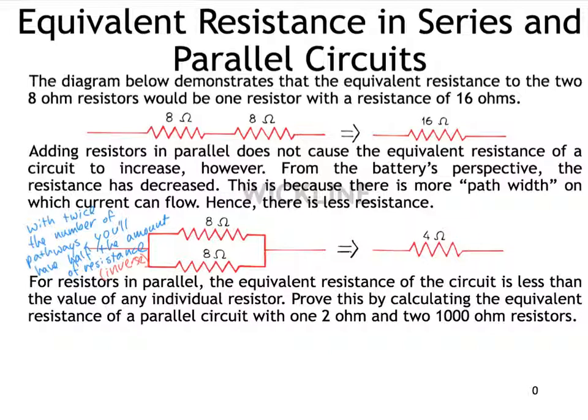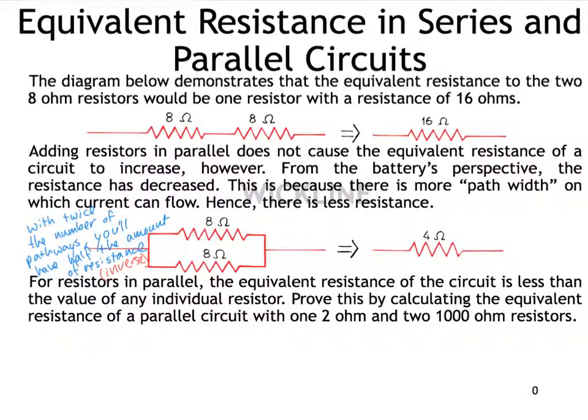So that is, of course, a description of an inverse relationship between the number of resistors and the equivalent resistance. That just means if I take these 2 resistances, that's twice the pathways, I'll have half the resistance, so overall it's 4 ohms.